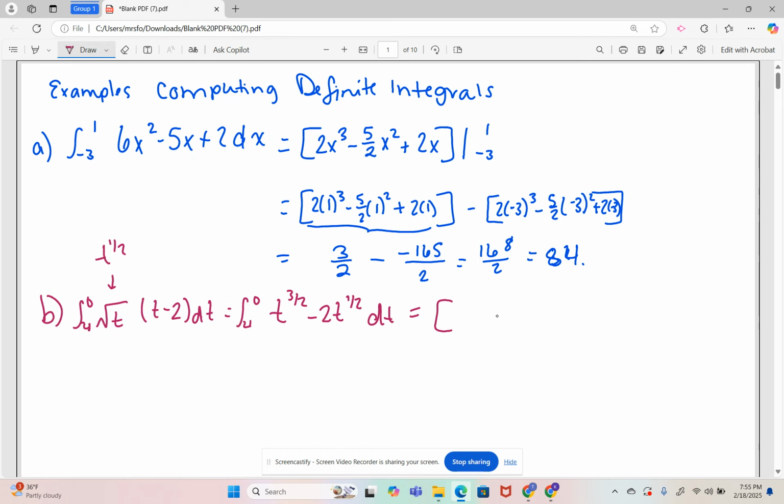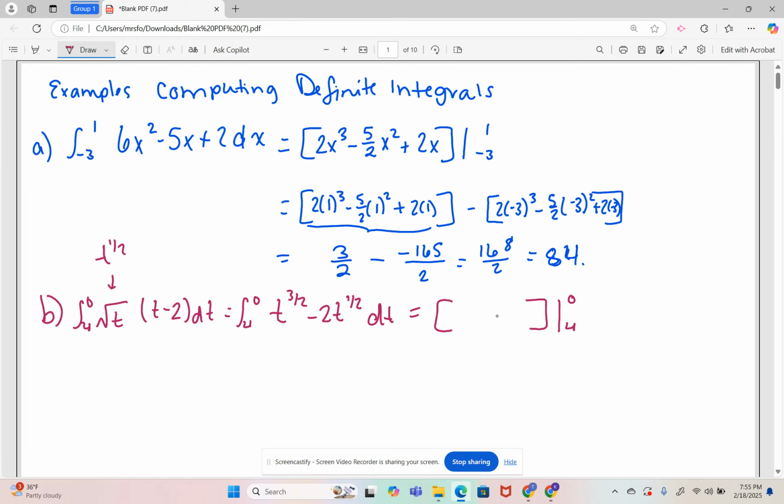So doing that, we want to find the antiderivative, and we're going to go 0 to 4. Now you could put the 4 as the upper limit, but then you would have to take out a negative. It's fine to do. I'm going to substitute it in the way that I have it.